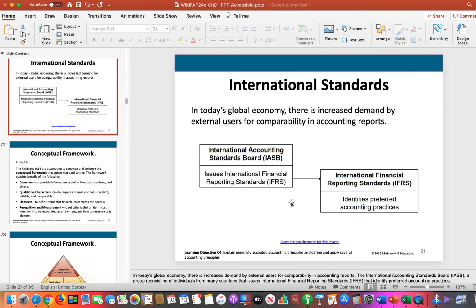But in any event, you have the IASB, the International Accounting Standards Board, similar to the FASB, and they issue their version of GAAP, which they call IFRS, International Financial Reporting Standards. So think of the IASB as similar to the FASB, and IFRS as similar to GAAP, but on an international level other than the United States.